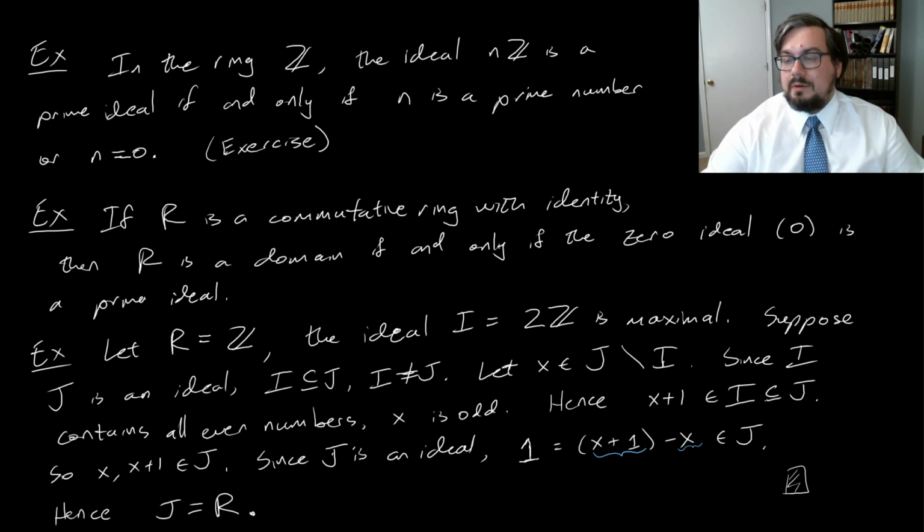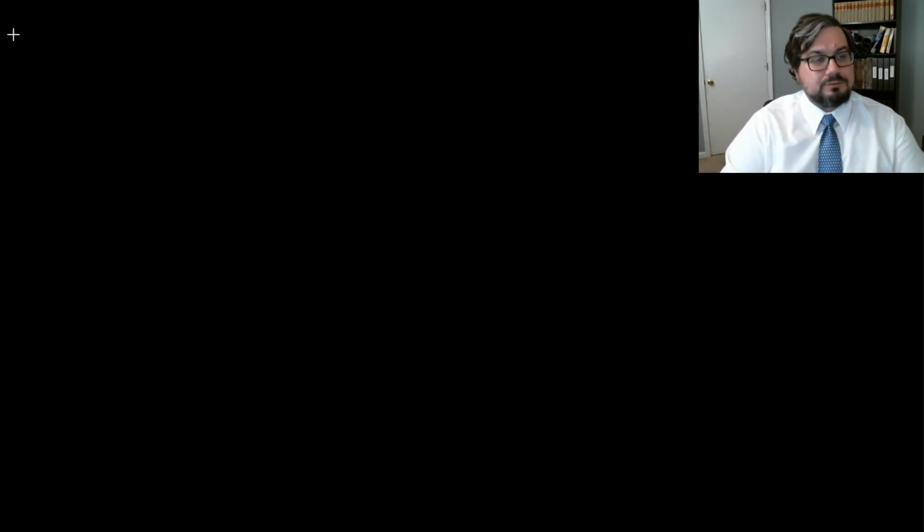Okay, so we've got these properties of ideals. The thing that we want to look at is to say what happens when we take factor rings of these ideals. And that's what's given in Theorems 103 and 104.